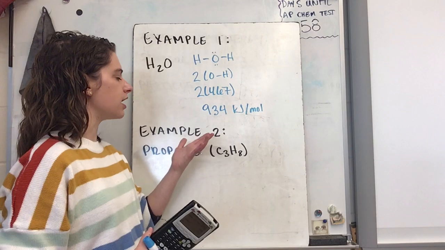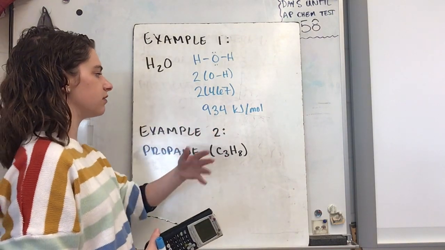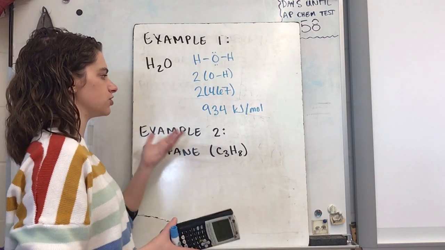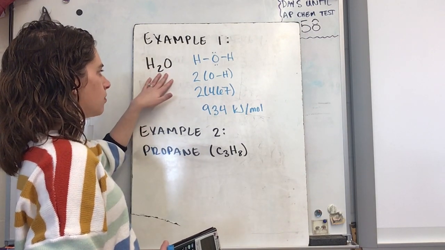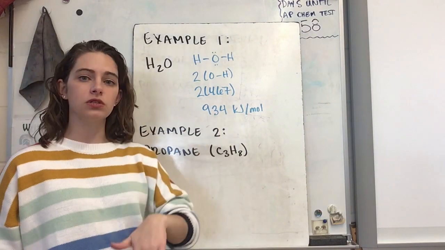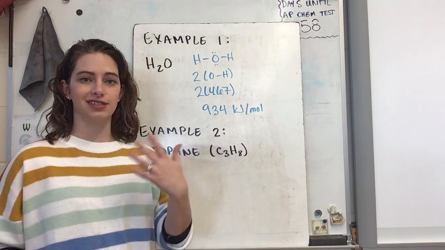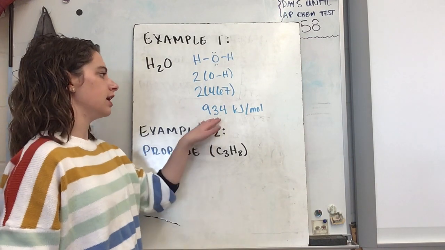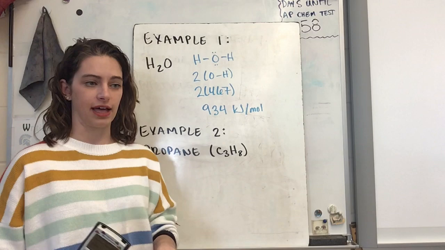Now, depending on what the question is asking, this on its own is a positive number because we're not looking at any sort of difference because there's no reaction here, it's just the molecule. If you are forming water, that means it's going to be exothermic. This amount of energy is going to come out when those bonds are formed. If you're breaking those bonds, this is the amount of energy that's going to have to go in. So it doesn't matter if it's coming out or coming in, it's the same number. It would just change whether it's going to be a positive or a negative value.